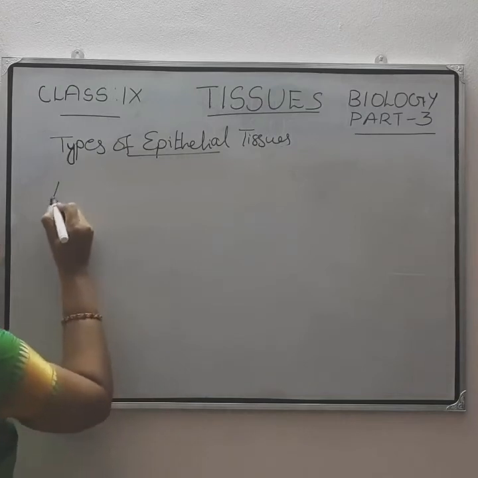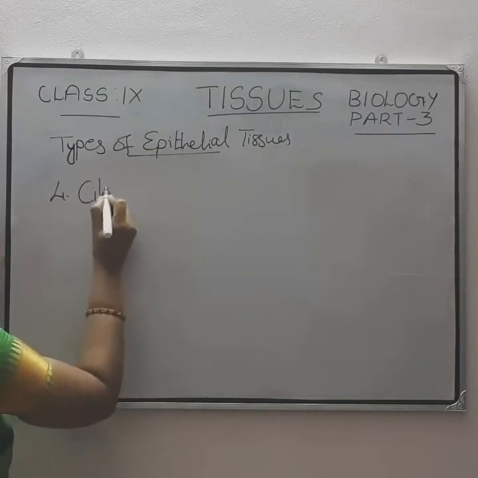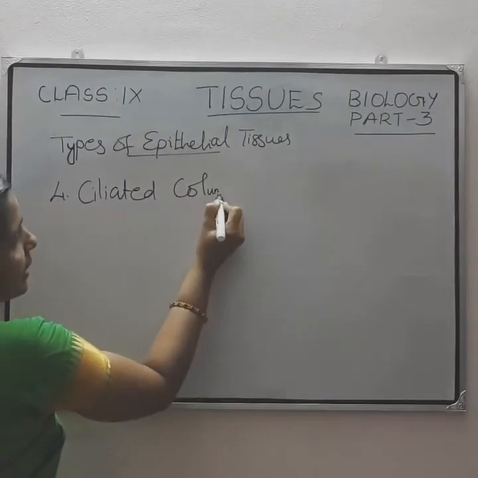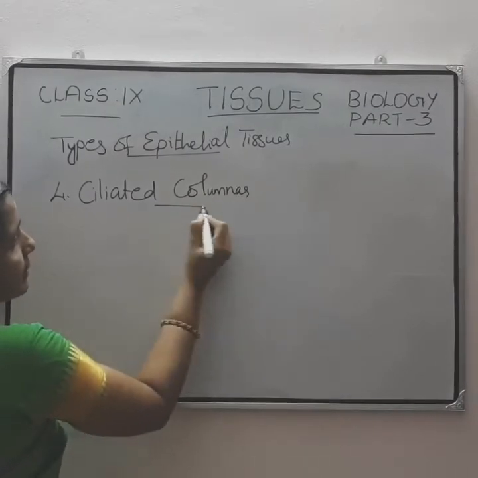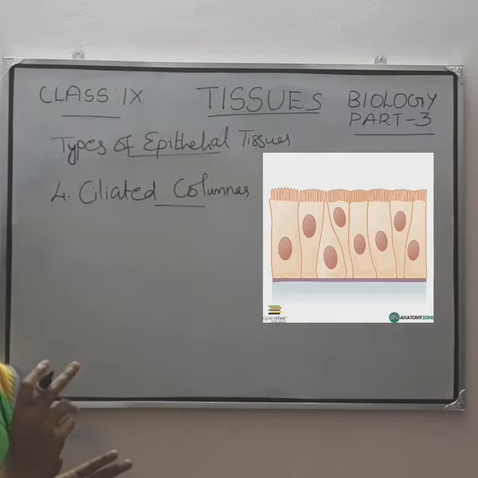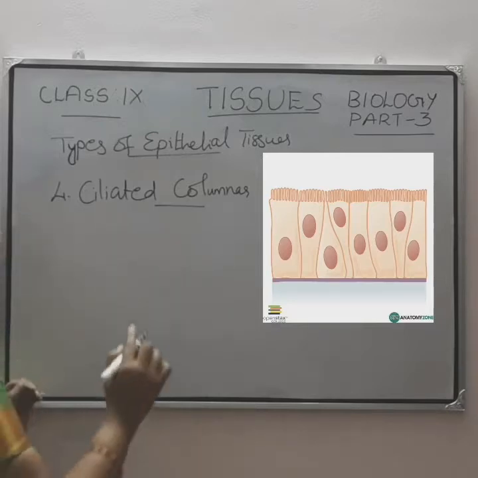Then the fourth one is ciliated columnar epithelial cells. In columnar epithelial cells, the cells are columnar or pillar-like. Here what is the difference?